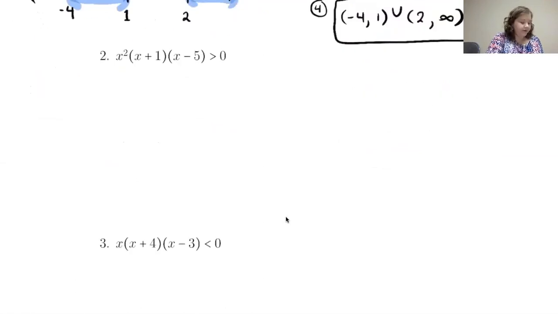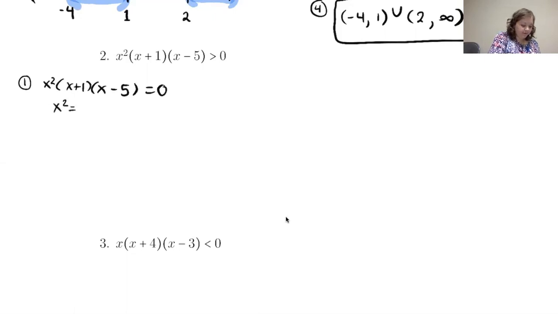So we're going to go on to number 2, and we're going to do the same 4 steps for that. Okay. So step 1, we set it equal to 0 and solve. So x squared, x plus 1, x minus 5 equals 0. And then we'll set each one of those equal to 0.